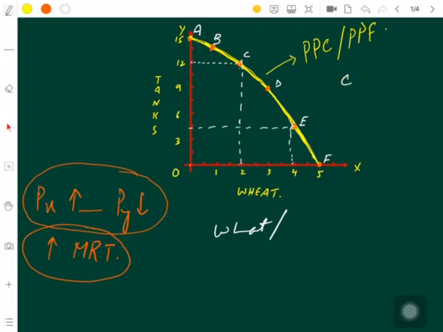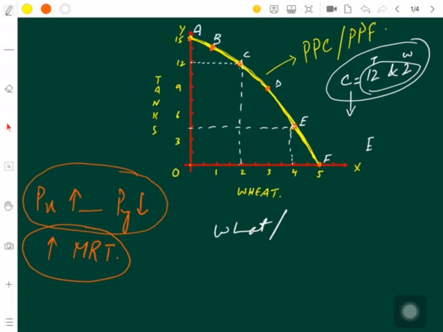So C constitutes how many? 12 of tanks and 2 of wheat. It becomes a combination now. C is a possibility which has a combination of 12 and 2.